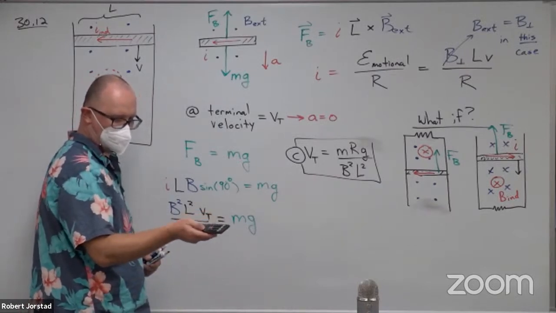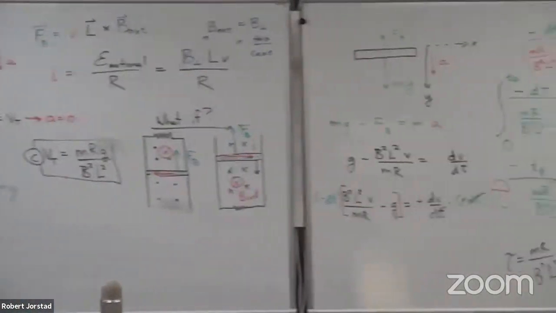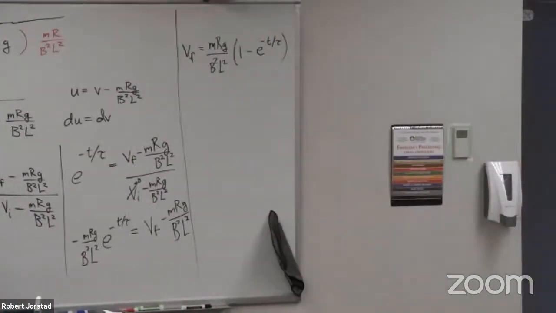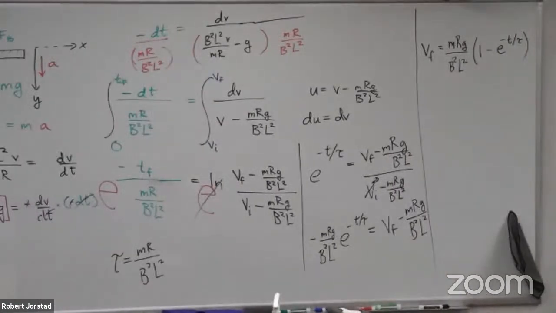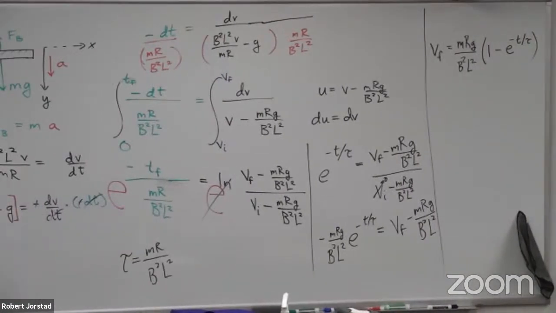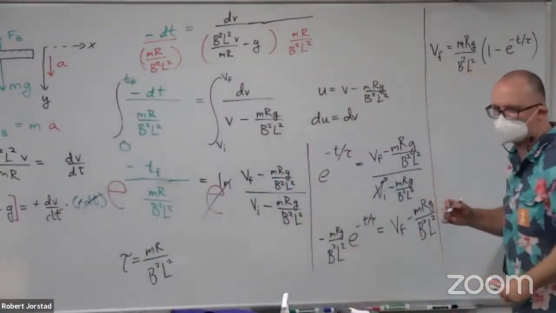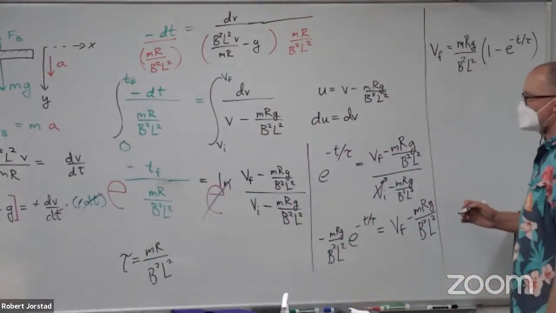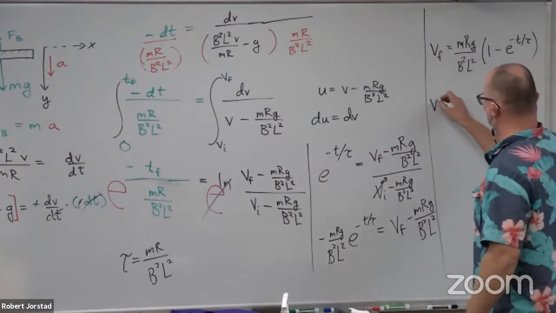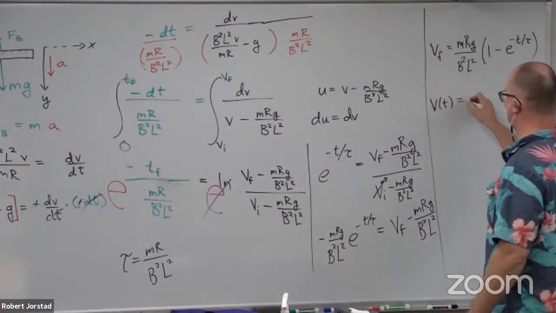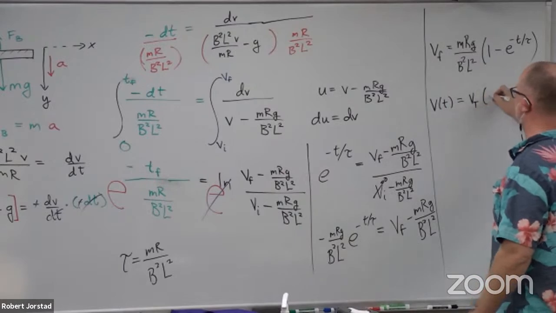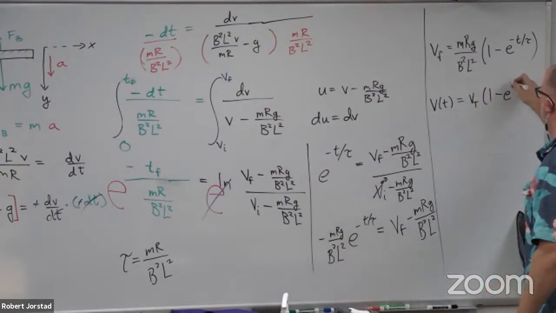Oh, V terminal, yeah. Whoa. Isn't this exactly the same as RC transients? Yeah, Nick, you spoiled it. Thanks, man. Buzzkill. V as a function of time is equal to V terminal, but don't worry, I'll say something for you, Christian. Why did you say RC transient?